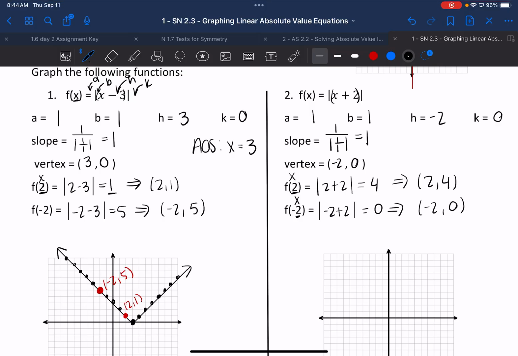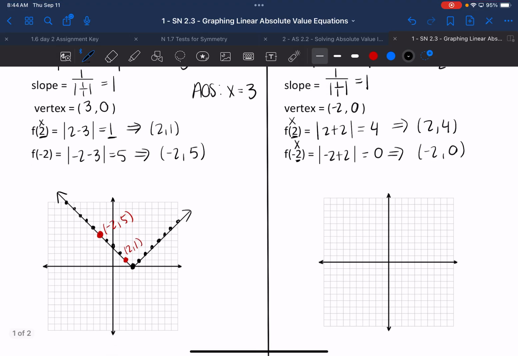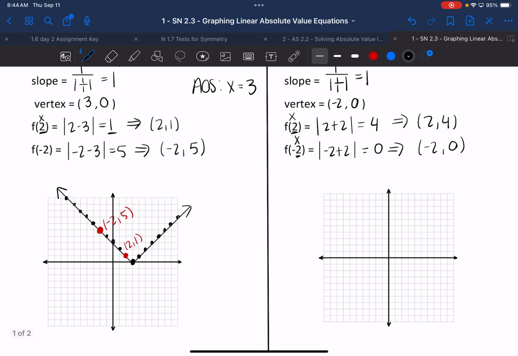Okay. So my vertex tells me where to start. So I'm going to go plot my vertex, which we said was at -2, 0. And then my slope tells me I'm going to go up and over how much? Right. In both directions.